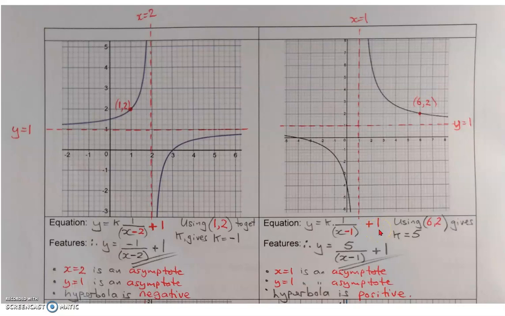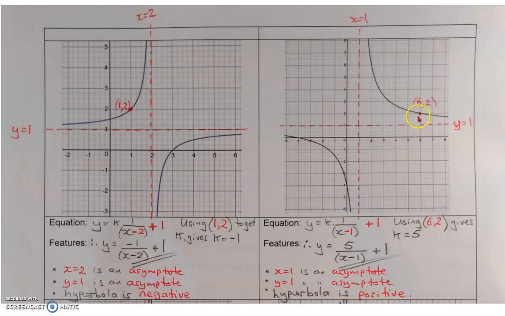Okay, so we almost have the equation, we just don't know the k value. So I looked for a point. I could have chosen that point there. I could have chosen even that point there, which is 0, 5.